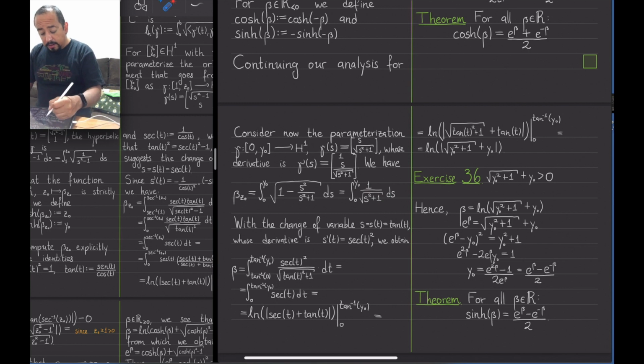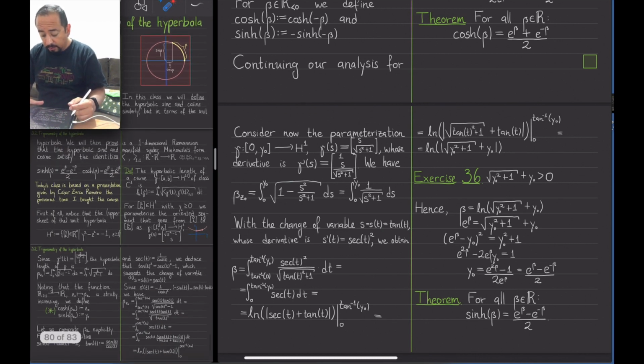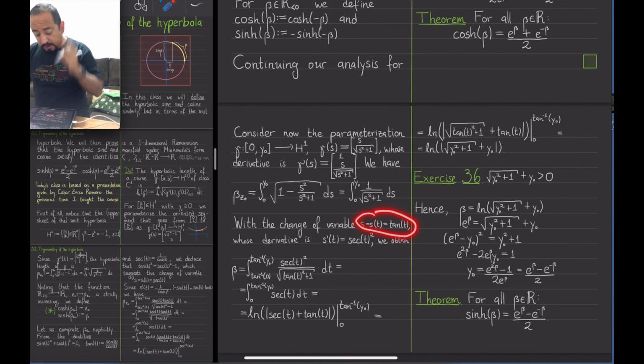Okay, and then to solve this integral, we perform a change of variable similar to the one we performed before. In the previous case, we replaced s with the secant of t. And now we are going to replace s with the tangent of t.